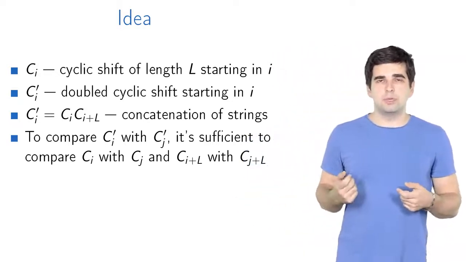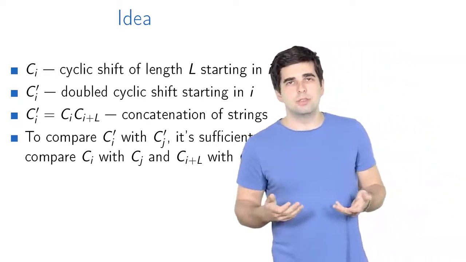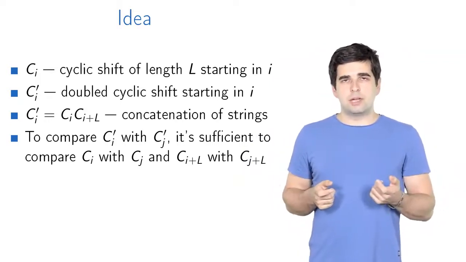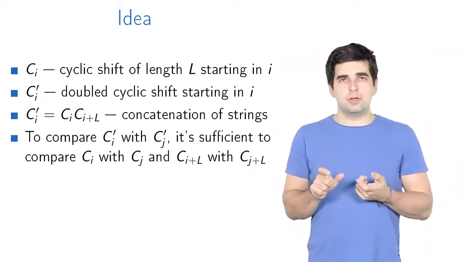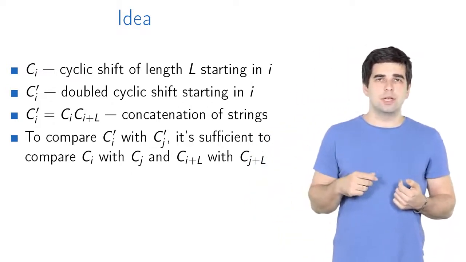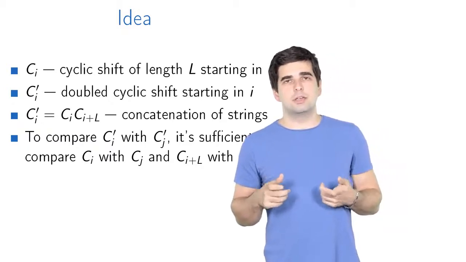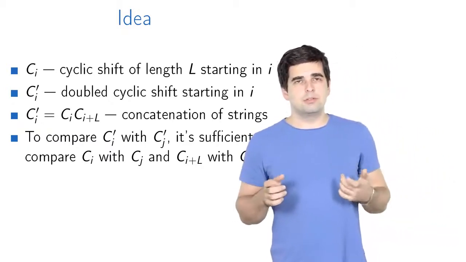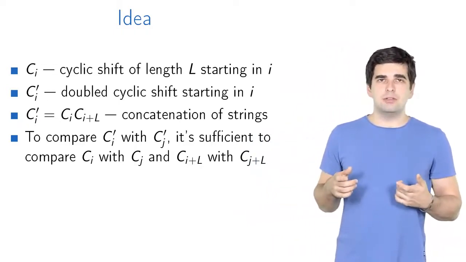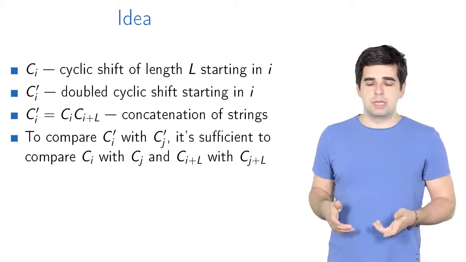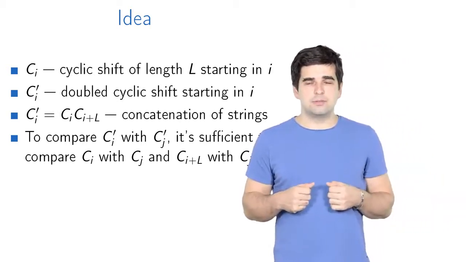And also we have the array with equivalence classes, and so we can determine whether two cyclic shifts of length L are really equal or they're different by looking in the array for equivalence classes and comparing their equivalence classes. So basically we can compare two cyclic shifts of length L in constant time, and that is why we can sort the doubled cyclic shifts faster.